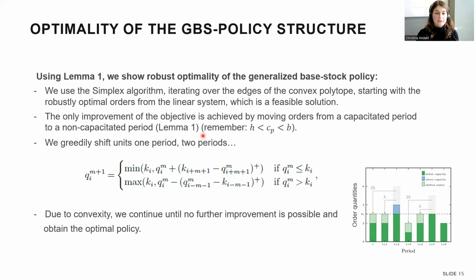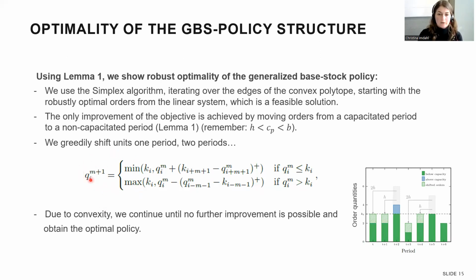And if we do that greedily, so we first shift 1 unit, then we shift 2 units, then we shift 3 units, then it is never optimal to shift a previous unit again, because always shifting 1 period is better than shifting 2 periods. So we do that greedily.